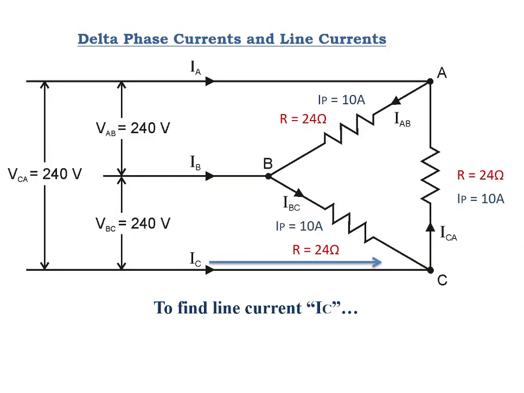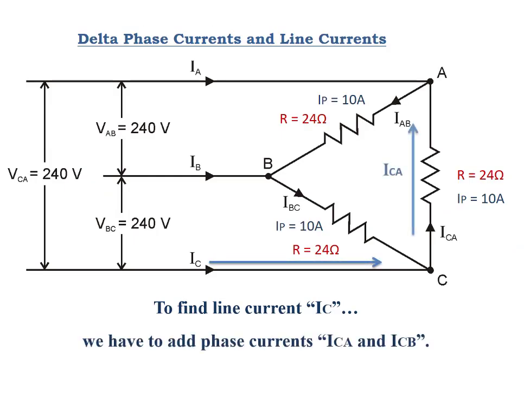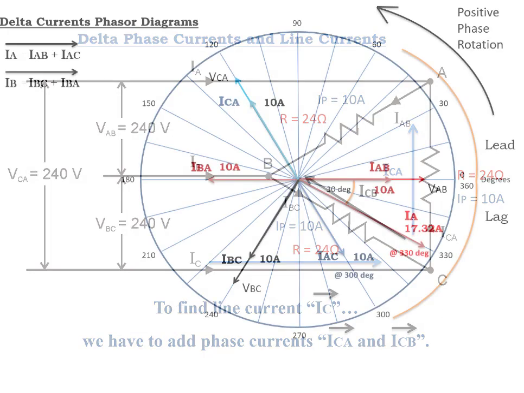To find line current C, again, we know that the current coming down line C, when it gets to the load, will split and go between load C to A and load C to B. In order to find out that line current, we need to find where the two phase currents are on our phasor diagram and then vectorially add them to get our total line current.